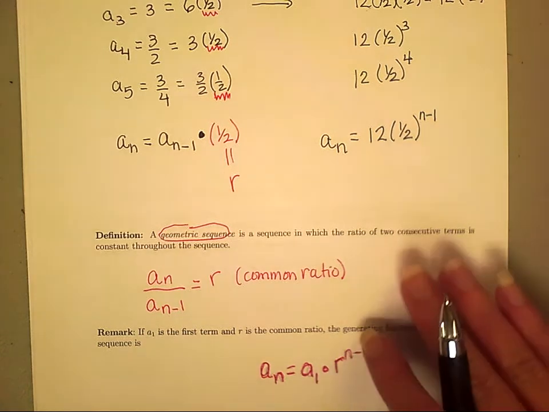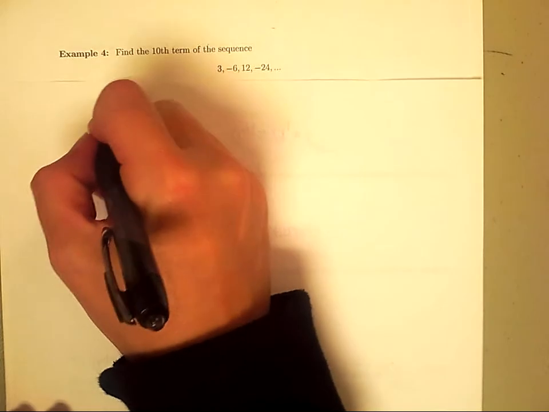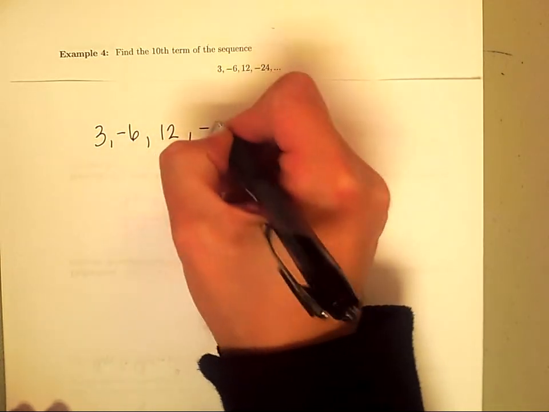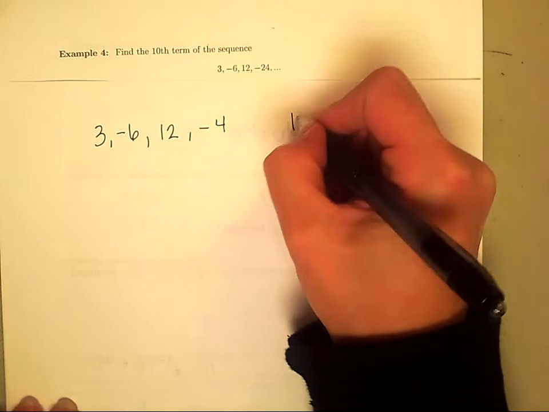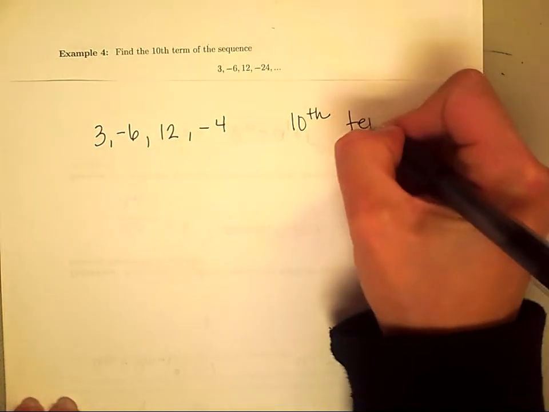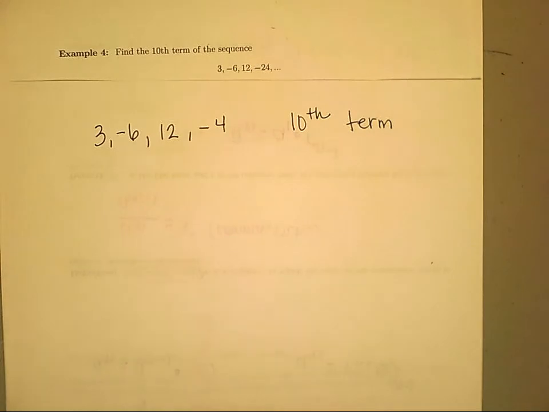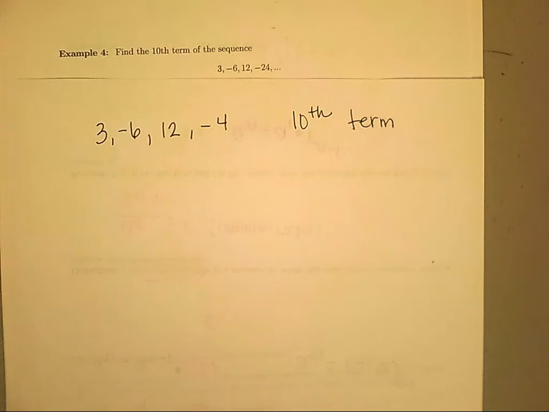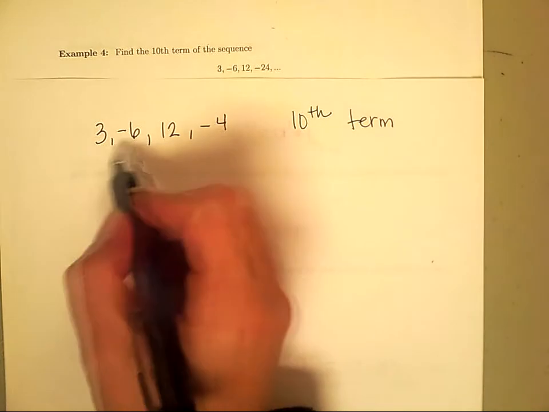So now let's see if we can distinguish between these two. Let's say our sequence is 3, -6, 12, -24. We want to find the 10th term. And for us to do this, we need to know if this is geometric or if it's arithmetic. And it could very well be that it's neither. Well, if it's arithmetic, we're going to have to take the difference between the terms.